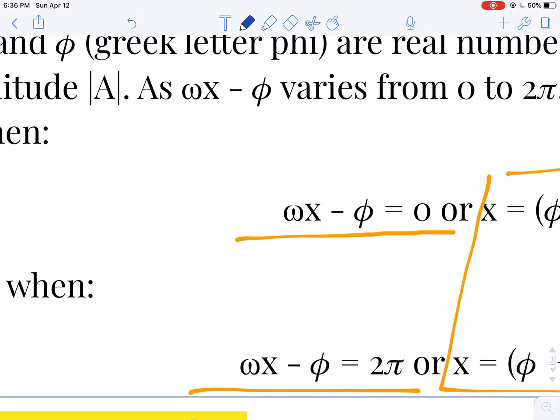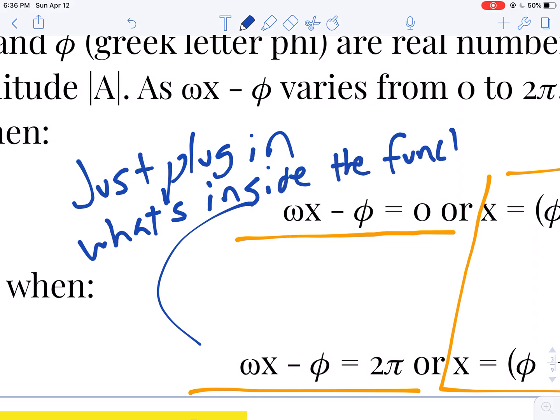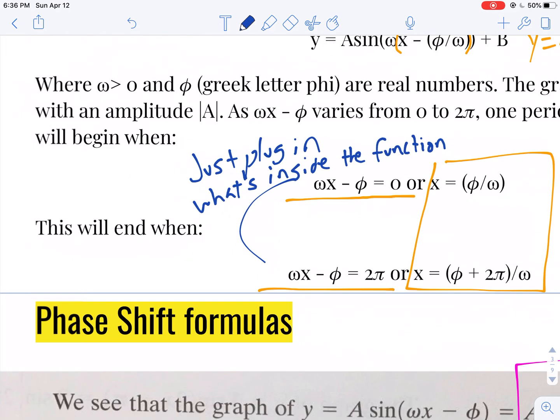I'm going to make a note here. Just plug in whatever's inside sine, or inside of the function. And that's going to make a lot more sense when I get to the second example when I work with cosine, because this is going to look frighteningly similar to that first example, but that's because I'm subtracting phi. I'm not adding phi yet.